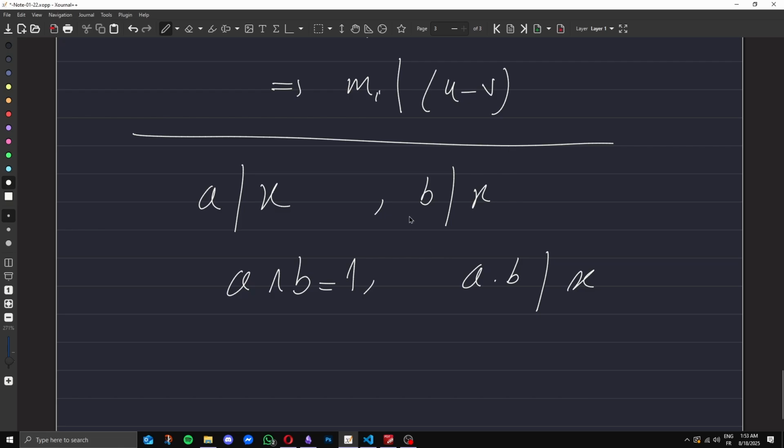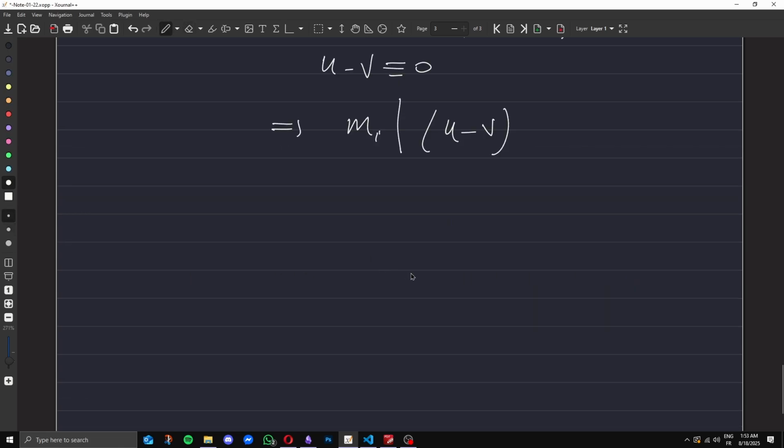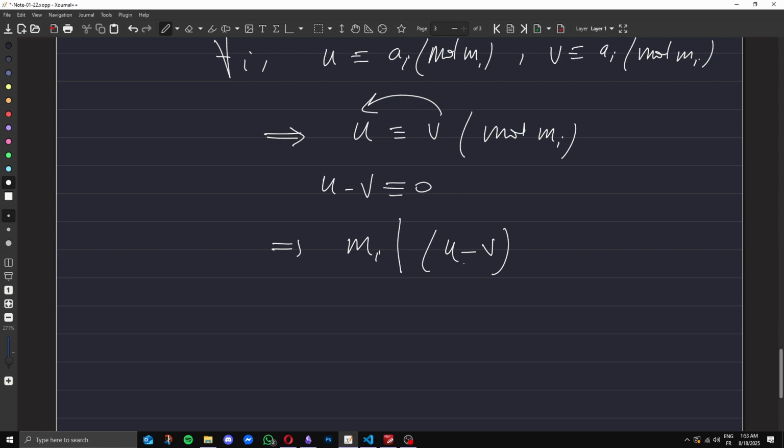Because they don't have any common factors. So since this works for all mi, and all mi are pairwise coprime, so whichever pair of mi you take, they're always going to be coprime. We can then deduce that m, the product of all mi, divides u minus v.